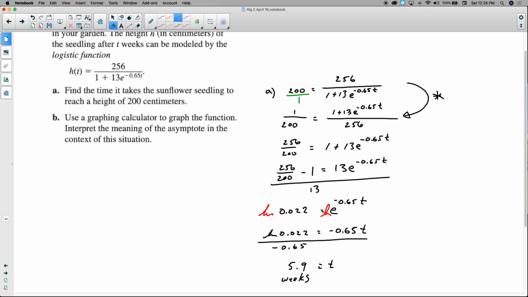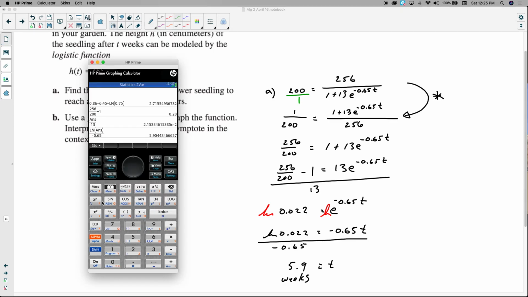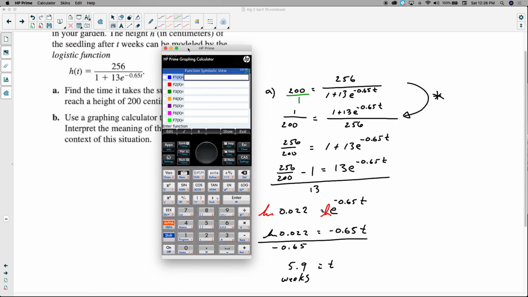So graphing calculator. And I'm going to go to apps and function and type this guy in, which is 256 divided by this crazy 1 plus 13 e to the negative 0.65 times the variable.